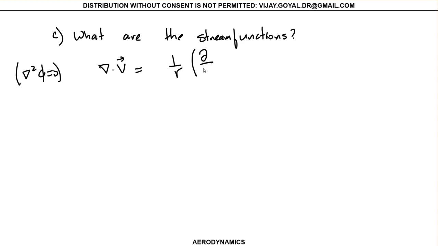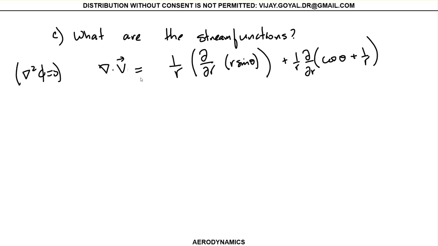So the partial with respect to r of r sine of theta, plus 1 over r partial with respect to theta of cosine of theta plus 1, gives you sine of theta over r minus sine of theta over r.